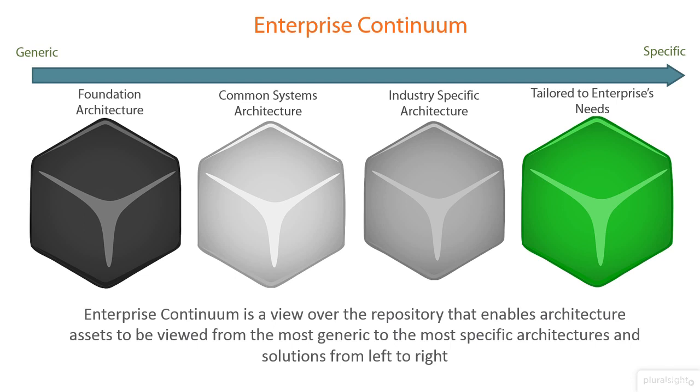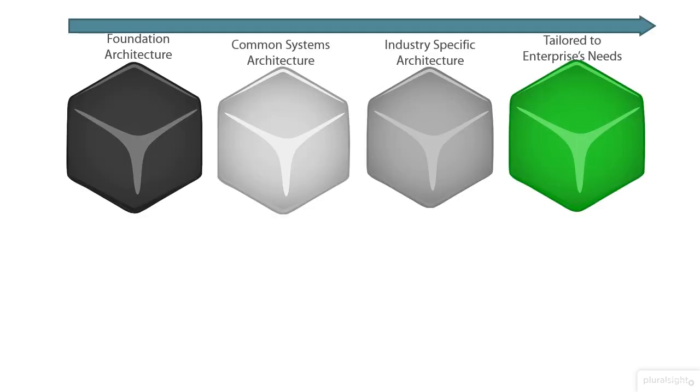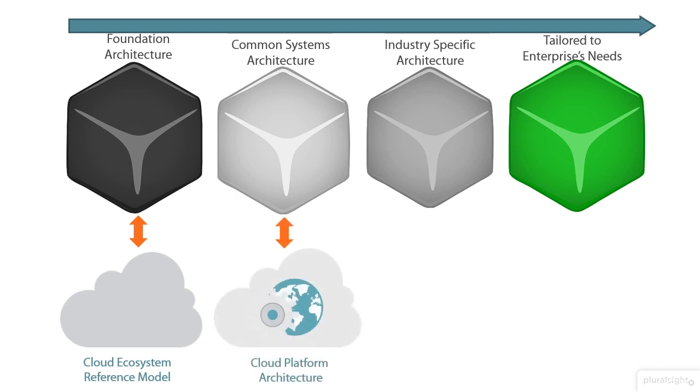For example, consider a bank adopting a cloud-centric computing model. It might use a cloud ecosystem reference model as a foundation reference architecture and look at using some of the service offerings from AWS or Azure to provide a common systems architecture as an approach for building out its systems on the cloud infrastructure.